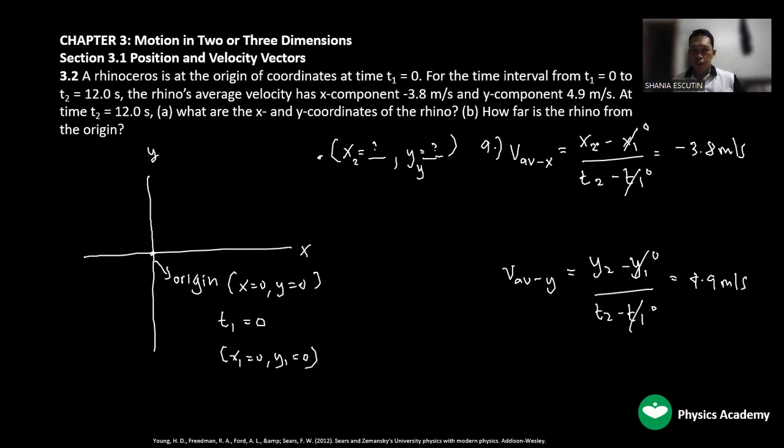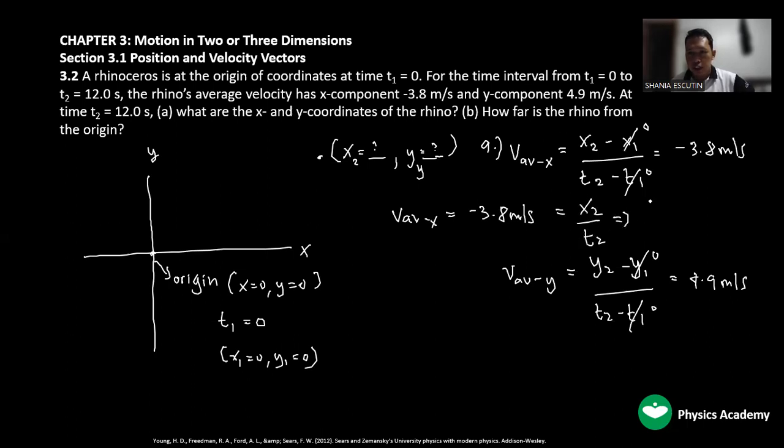So we can now rearrange that to find the coordinate x. Using algebra, the average velocity along x, negative 3.8 meters per second, is equal to x2 over t2.